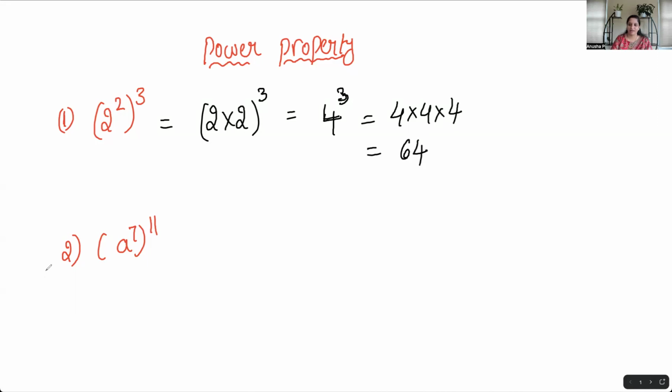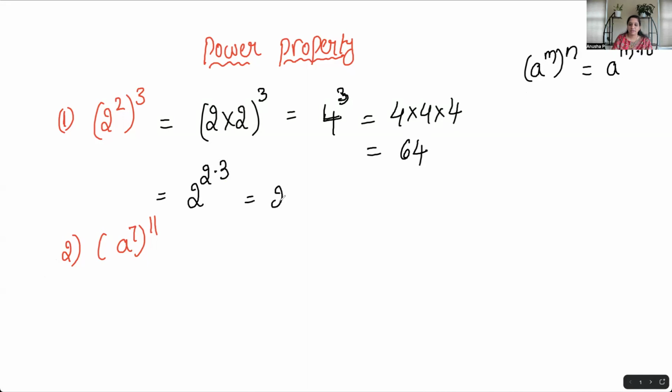Or here we have a formula for this, the power property, which is nothing but a to the power of m whole to the power of n is nothing but a to the power of m times n. So 2 to the power of 2 whole to the power of 3 is nothing but 2 to the power of 2 times 3.